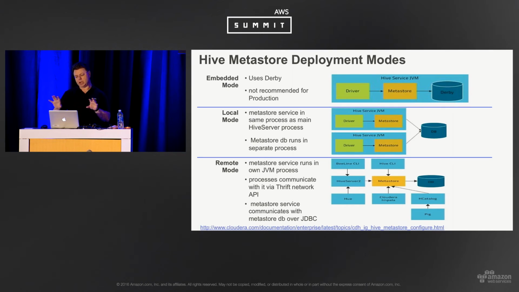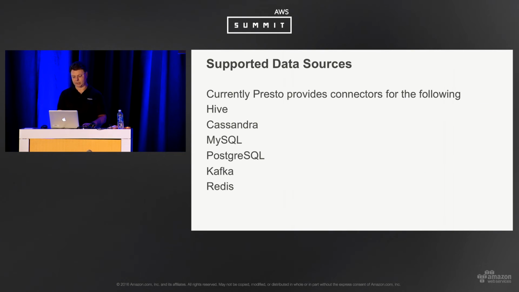And then a fully decoupled mode called remote mode allows the metastore service and the persistence to run in their own processes, and then clients running in their separate processes talk to the metastore service. So that gives you more flexibility in a variety of clients, et cetera.